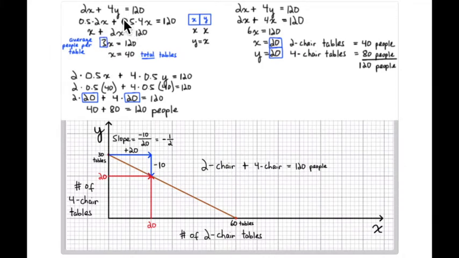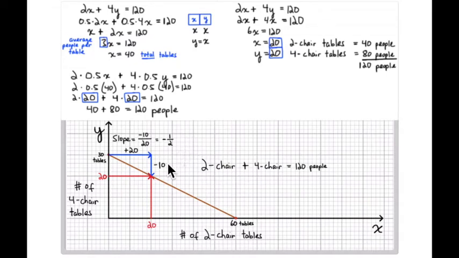So y does equal x, shown here with this little figure. And that graph would go through 0, 0, and it would go through 20 tables that seat 2 people and 20 tables that seat 4 people. So it'd go through 0, 0, 1, 1, 2, 2, 10, 10, 20, 20, 30, 30, 40, 40.